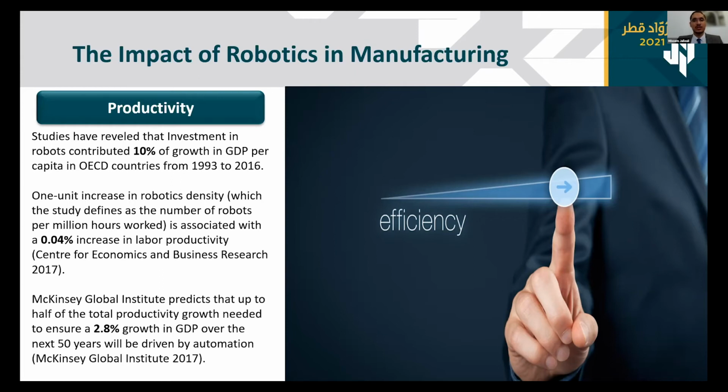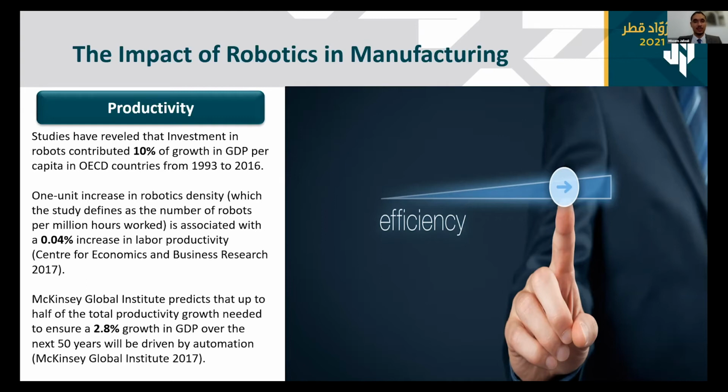robotics increases productivity and increases production. They are more accurate than humans. They make fewer mistakes. They reduce wastage. They are more reliable than humans. They can work 24/7, and they are very, very quick, which saves time.